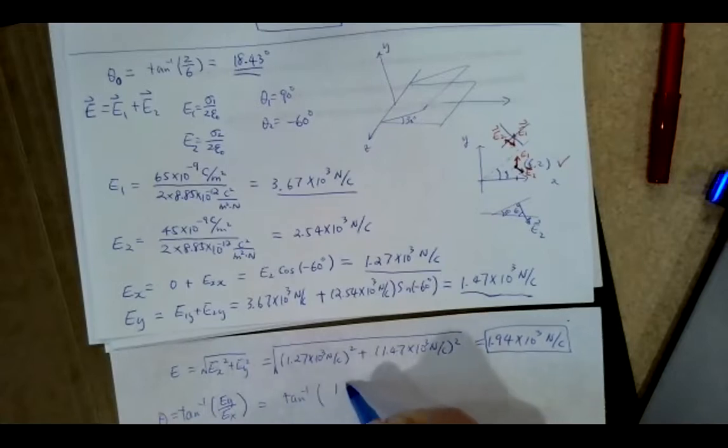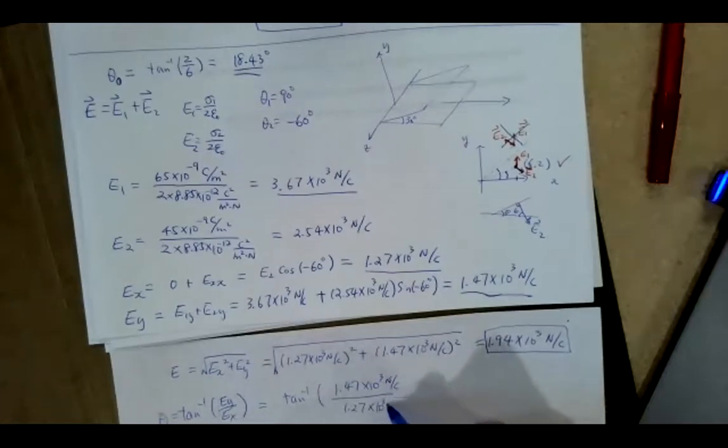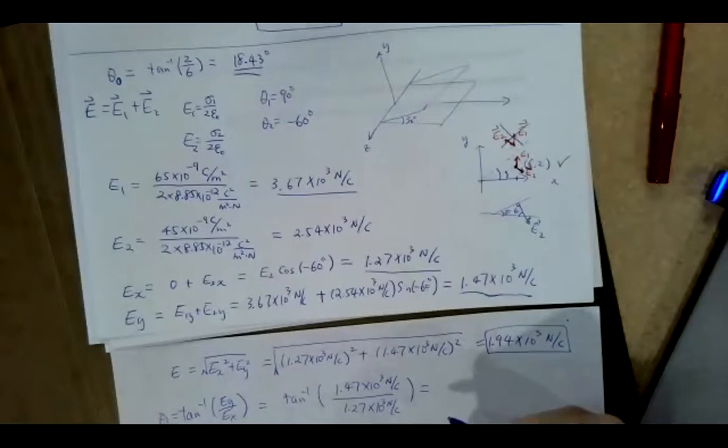Tangent inverse of 1.47 over 1.27. That would be 49.2 degrees.